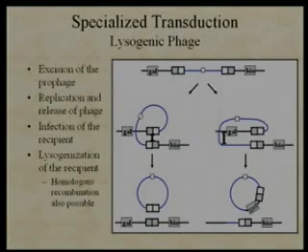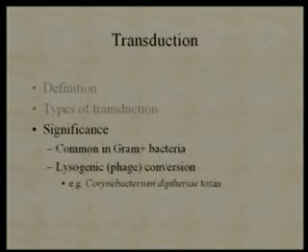In the case of another specialized or lysogenic phage called phi 80, that one inserts close to the tryptophan genes. So that transducing phage transduces tryptophan genes. All right? So each specialized transducing phage will only transduce certain genes, and they happen to be those that are close to where they inserted.